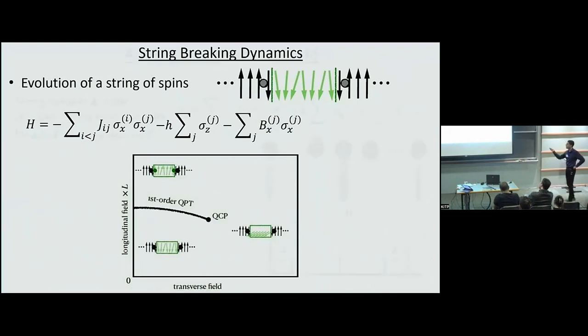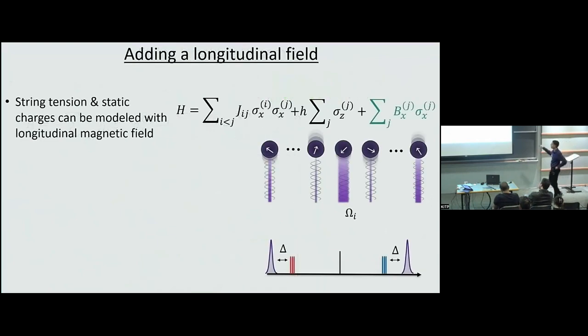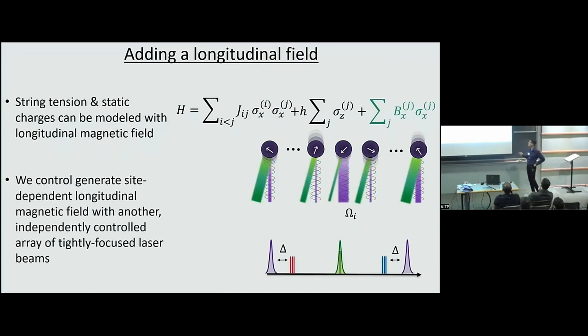Okay. Now, experimentally, in order to study this model, we need to apply this longitudinal field to the ion spins that we have here, and typically this would be quite challenging. So in order to do that, what we do experimentally is prepare a second array of individually controlled laser beams whose frequency and amplitude we can control independently.